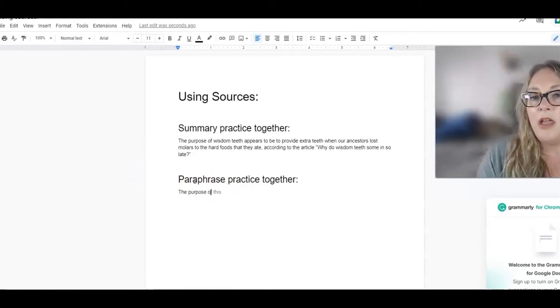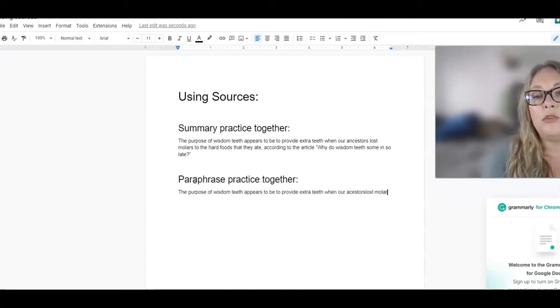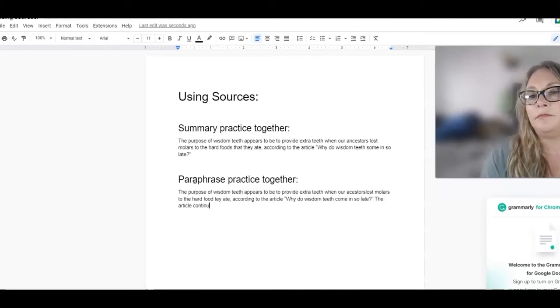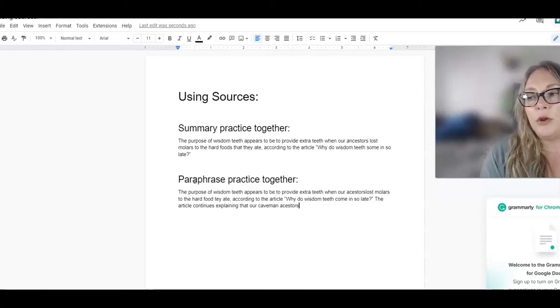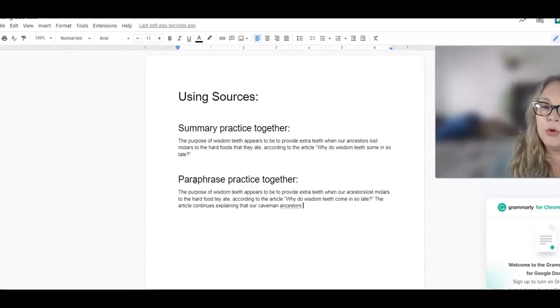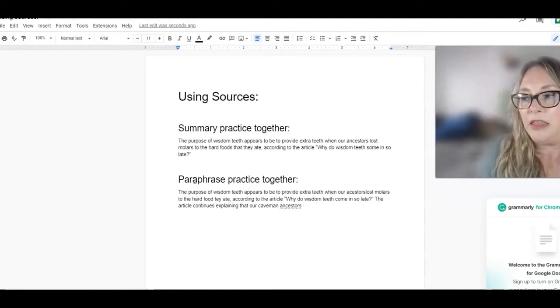The purpose of... The article continues, explaining that our caveman ancestors, so I did use the word ancestors, but I kind of threw in the word caveman. We didn't talk about that. I kind of changed this around a little bit, I think.